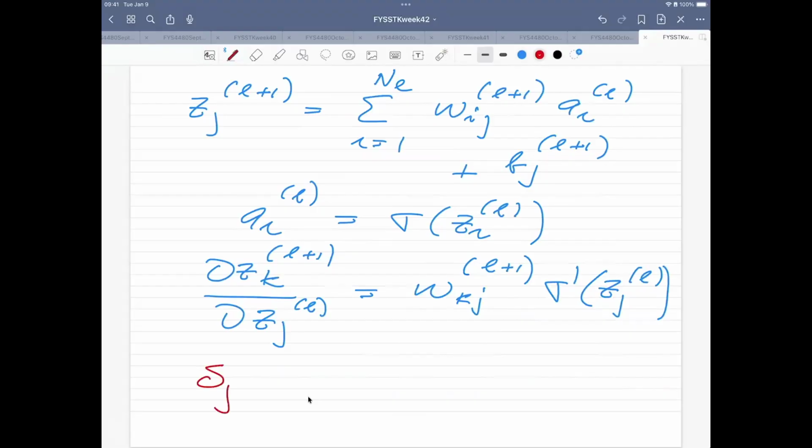So I have a delta j of L, which is then simply given by, and this is the final expression we need, a delta k of L plus 1. So we have pre-calculated that one. We need to keep track of these weights of L plus 1.